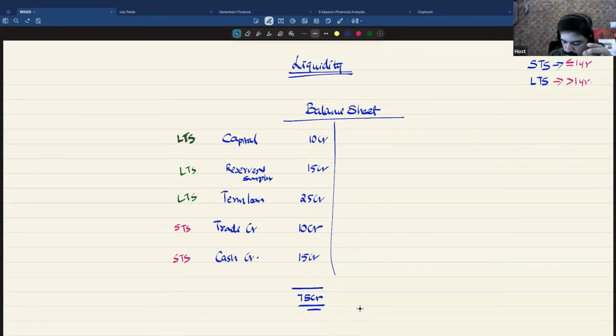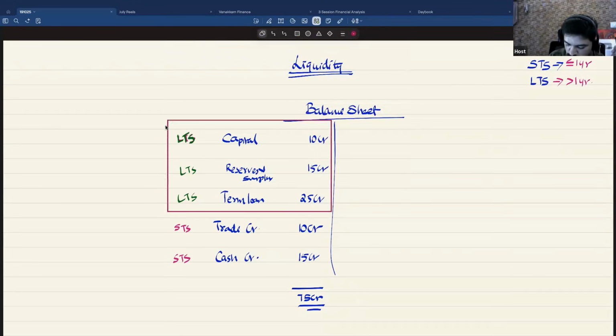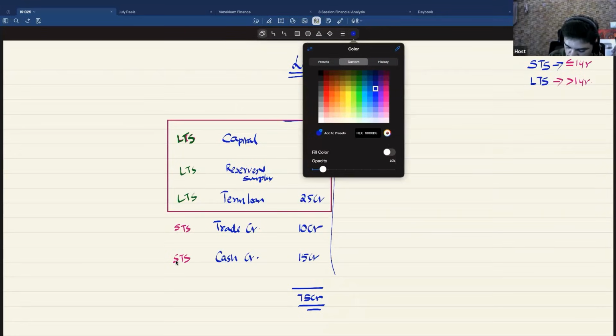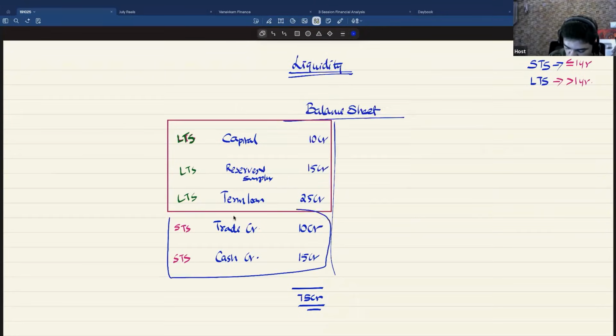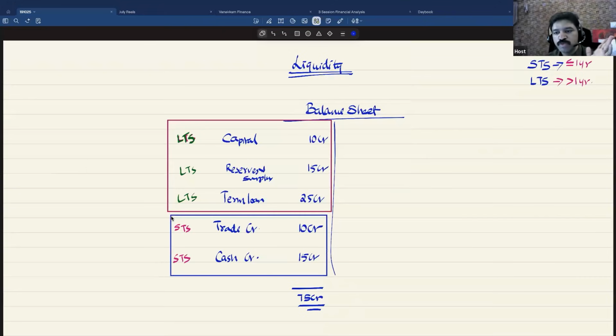But this 75 crore has come from 2 categories. Category 1 is long-term source, and category 2 is short-term source. So the funds have come only from 2 sources, one long-term and the other short-term.